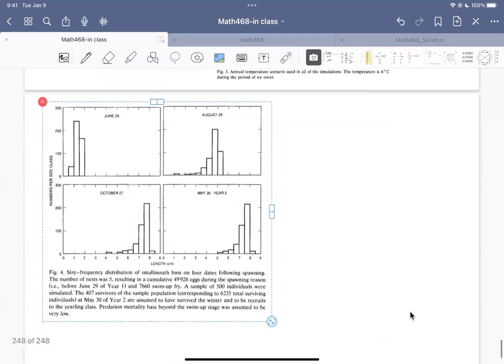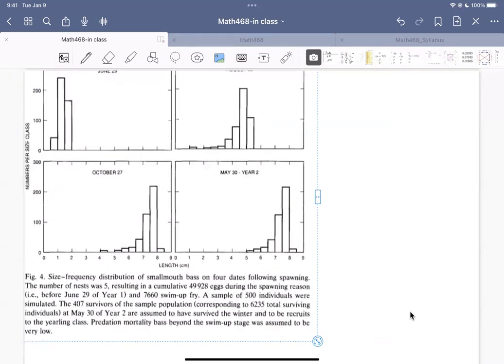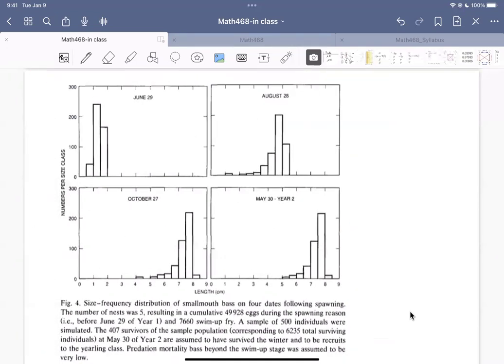Okay, so then the first thing that they did is they ran some baseline parameters, and they asked what was the distribution in body lengths throughout the year in their smallmouth bass population, and did it match their data? So they dummy checked their model first.